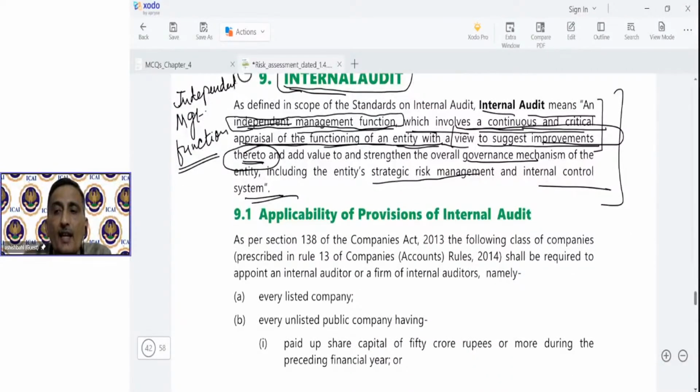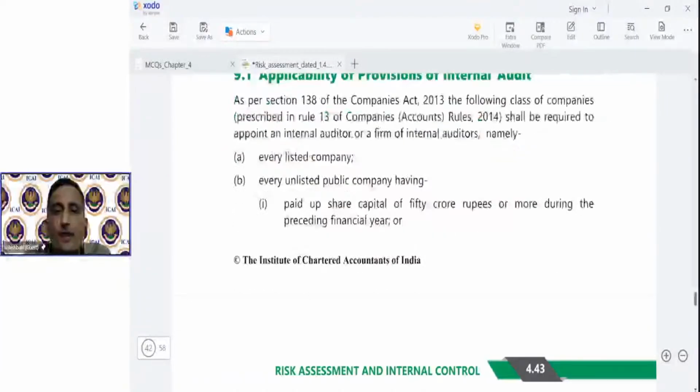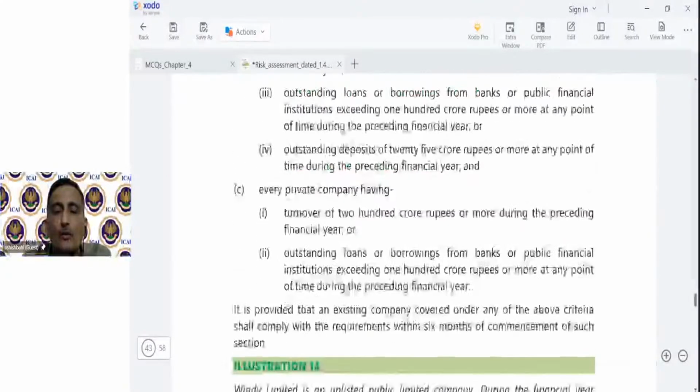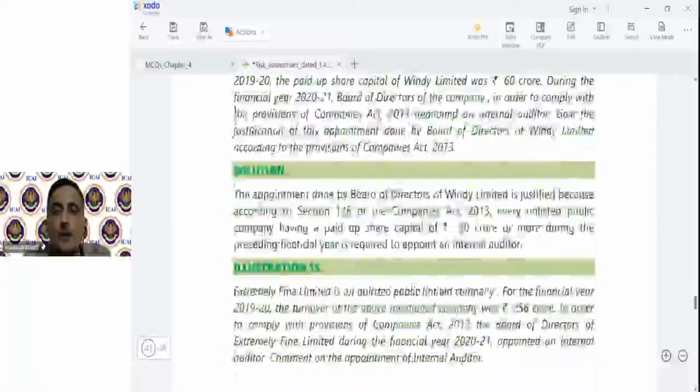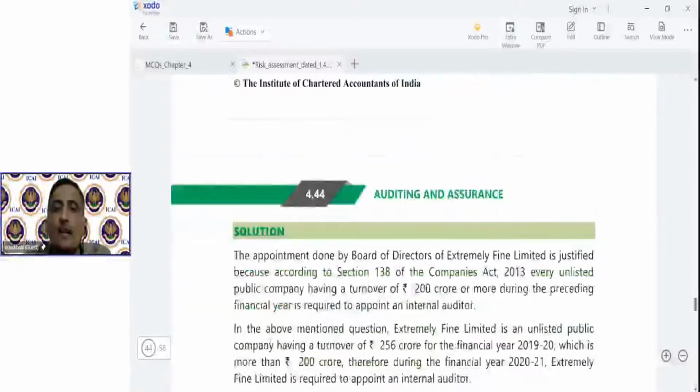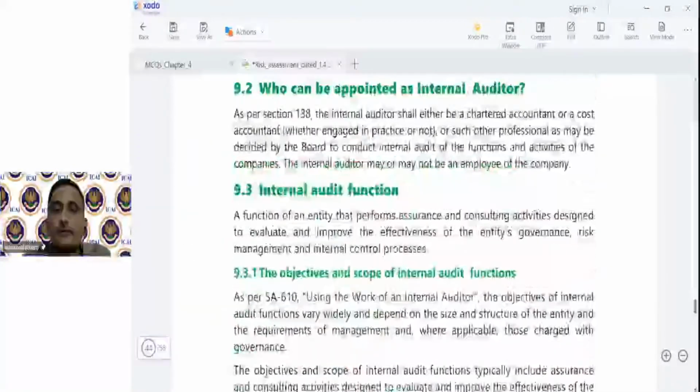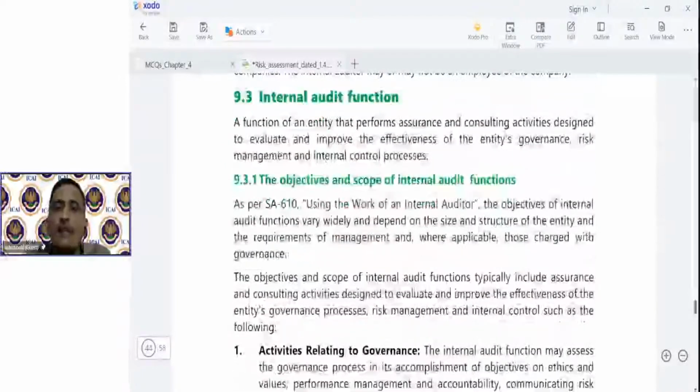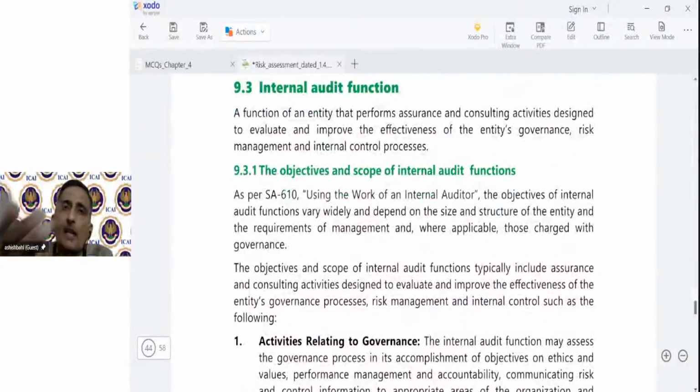we shall first go through what is the scope of the internal audit function. Then we shall be coming to the law requirements, because scope is directly derived from the definition of internal audit.